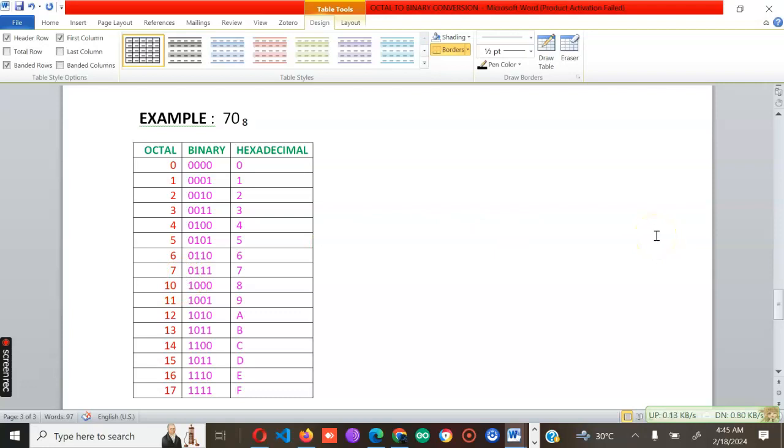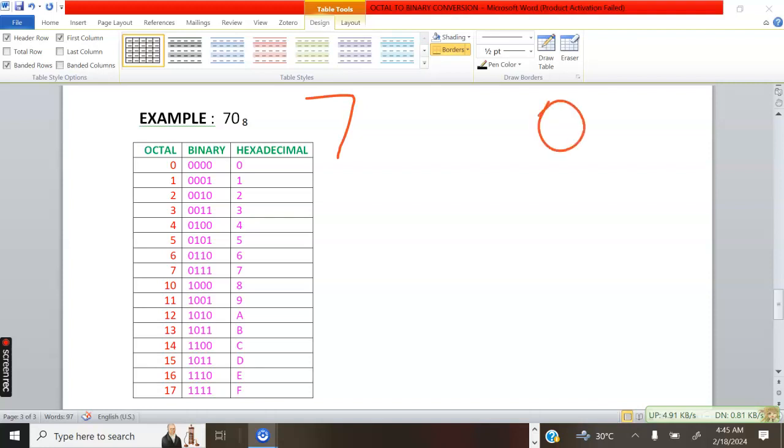So for this other example where we have the 70, I'll write down the number. Having this table makes our work easy. Okay, so the number is 70.